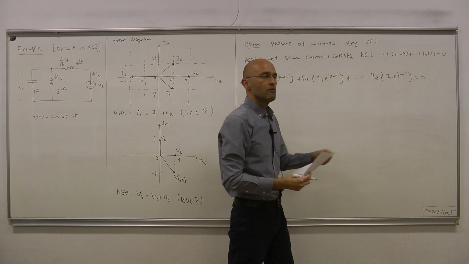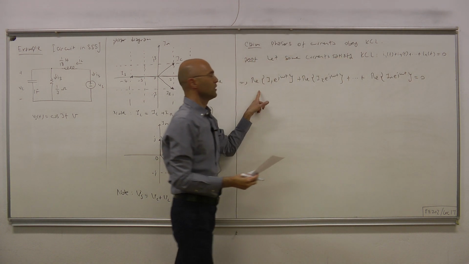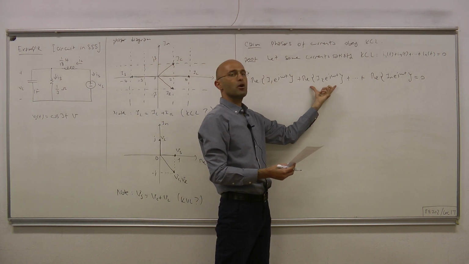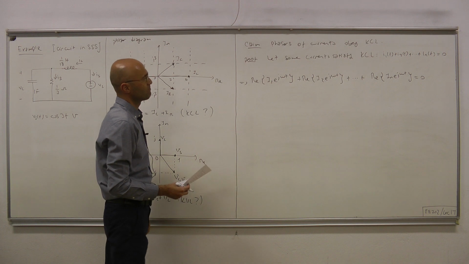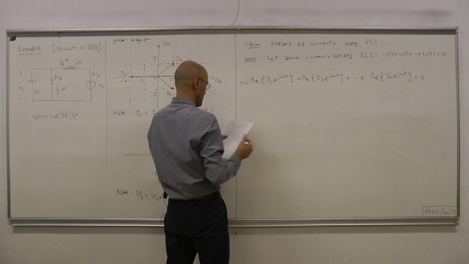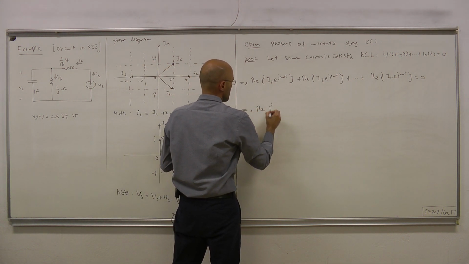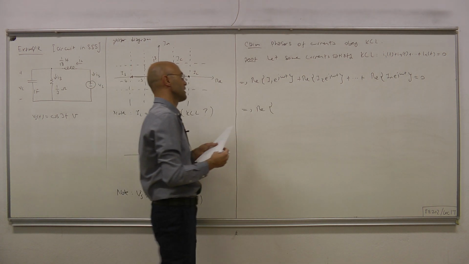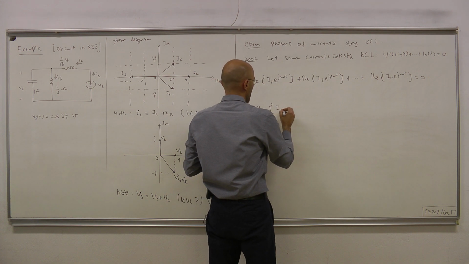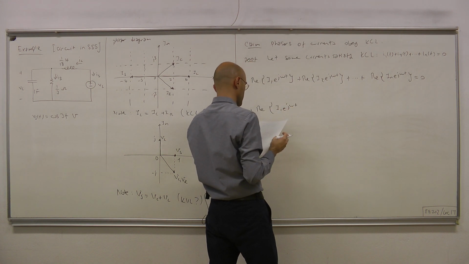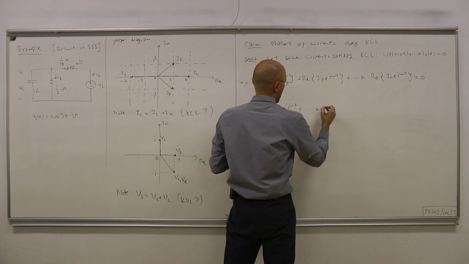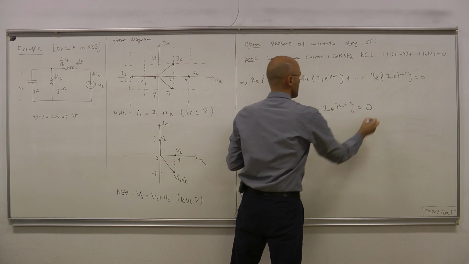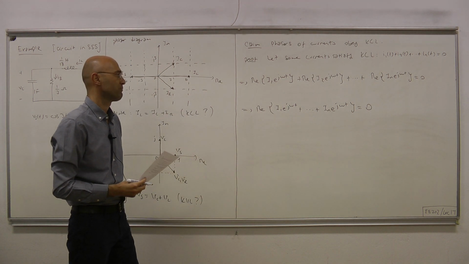So what we did, we rewrote this equation using phasors. This is how we construct I1 of t, this is how we construct I2 of t, and so on. Since the real operator is a linear operator, we can write this as the real part of I1 e to the j omega t plus up to In e to the j omega t equals 0.